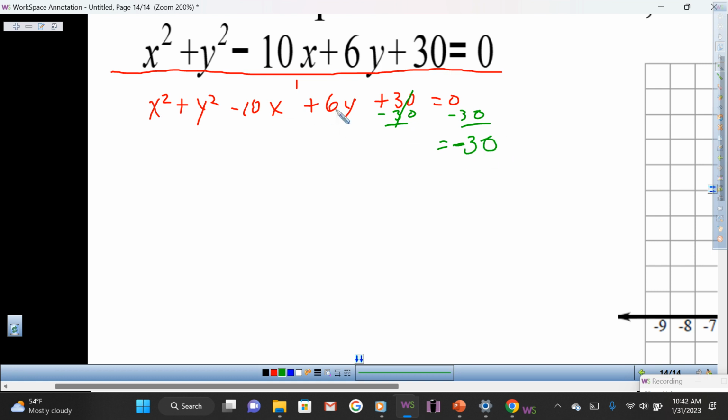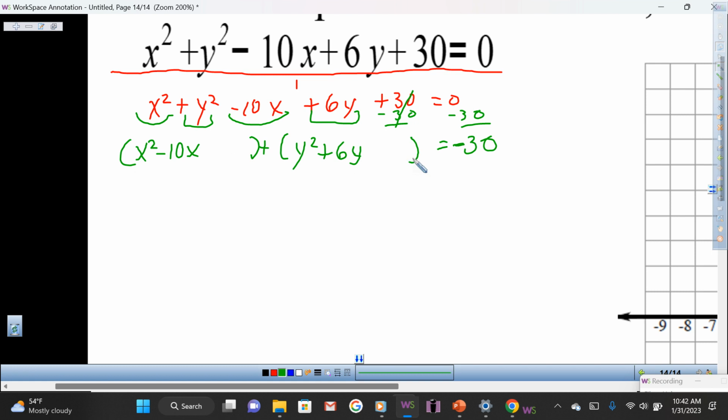And on this side, I need to complete the square on the next step, which means I need to leave a space. However, now we have two different variables. Focus, please. I'm going to combine like variables. So I'm going to put in parentheses (x^2 - 10x + __) + (y^2 + 6y + __), leaving an empty space.